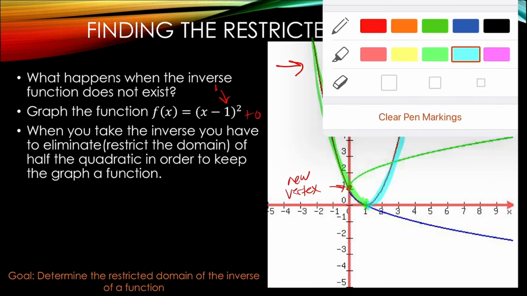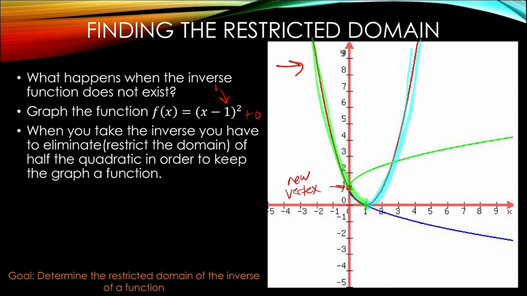If I'm looking at that green half, I can say I only want the domain from negative infinity to 1. That's the x coordinate of the vertex, notice this is 1, 0. Or I could say from 1 to infinity if I'm looking at that blue portion of the quadratic. I'm only taking half the quadratic, and it splits in half at that vertex.